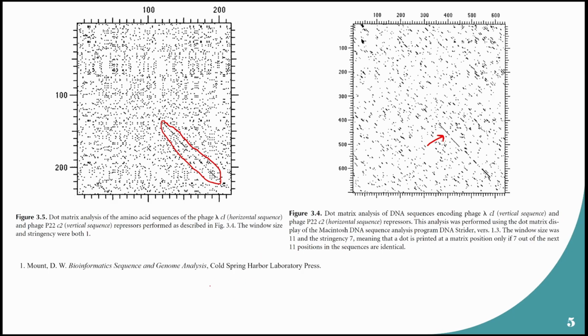So let's say we have 1000 amino acids compared with 1000 amino acids in one dot plot, and in another comparison we have 1000 DNA bases versus 1000 DNA bases on the x and y axis. It doesn't matter what, just take it as a generic value.